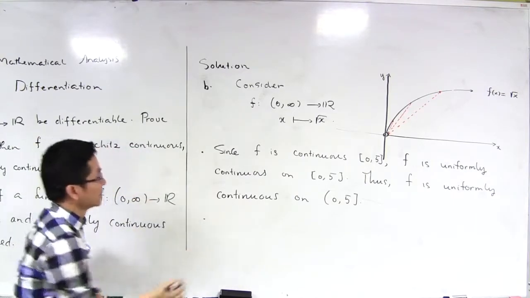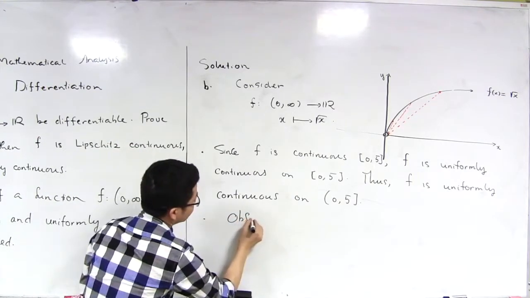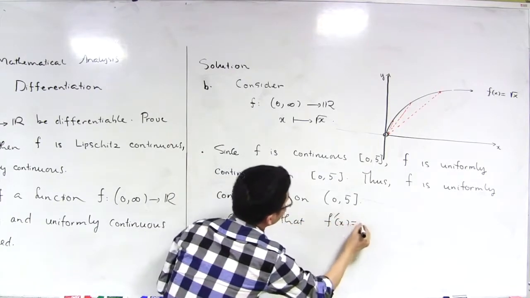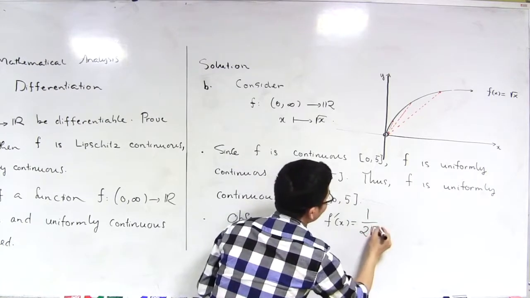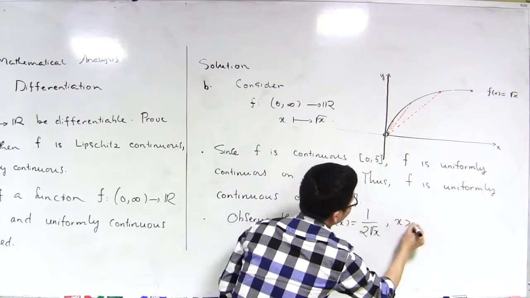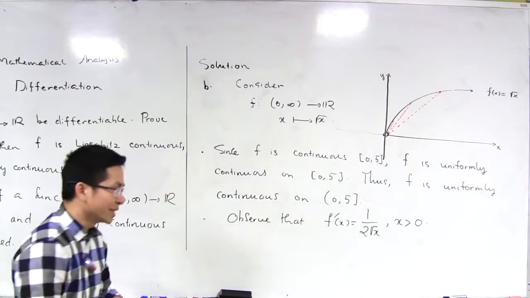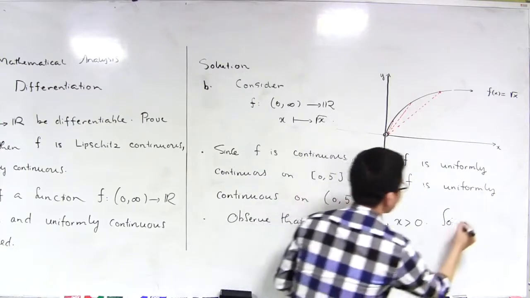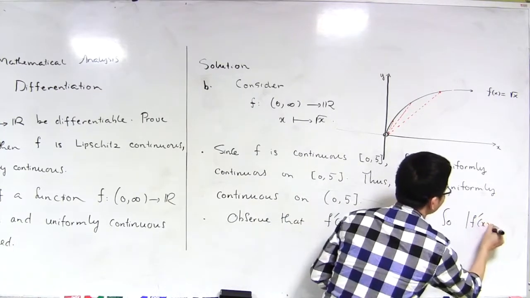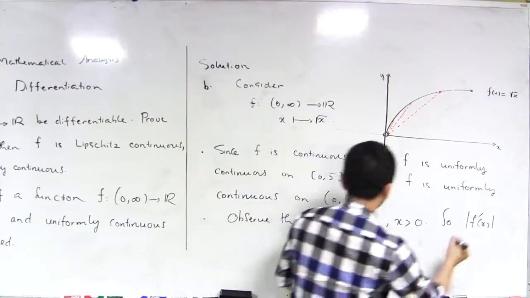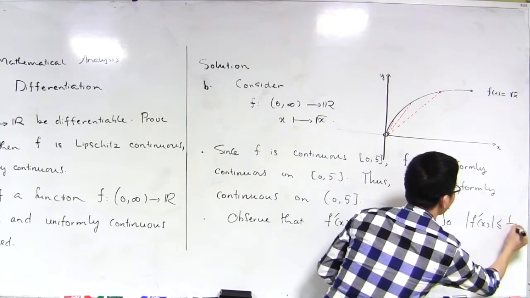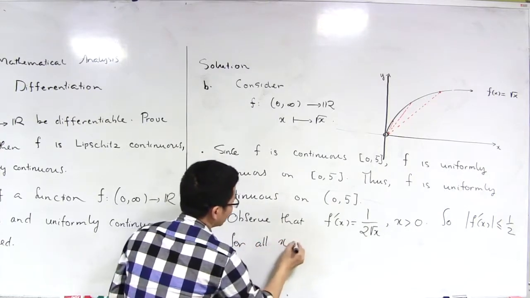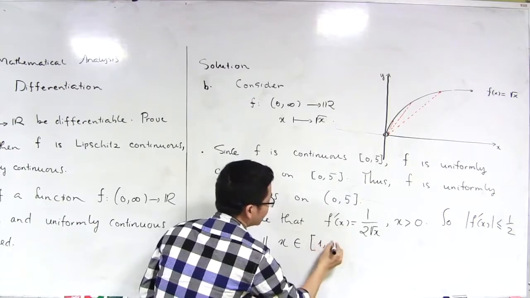Now observe that f prime of x is equal to 1 over 2 times square root of x for x greater than 0. And from here we can easily see that the absolute value of f prime of x is always less than or equal to 1/2 for all x in the interval from 1 to infinity.